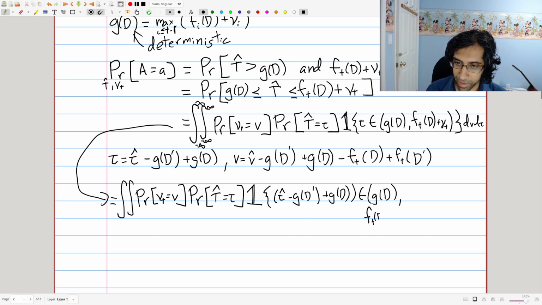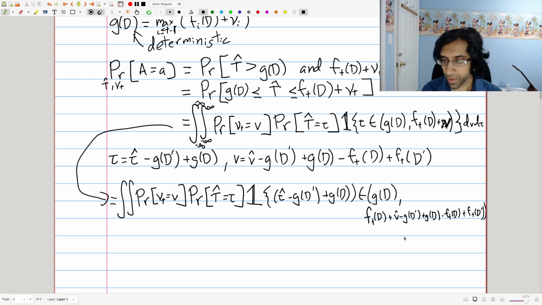But this becomes f sub t of d, and then nu sub t is just going to be v, because we're substituting in the realization of these random variables. So here we do the substitution that v is equal to v hat plus whatever. So this becomes plus v hat minus g of d prime plus g of d minus f sub t of d plus f sub t of d prime, and close paren.